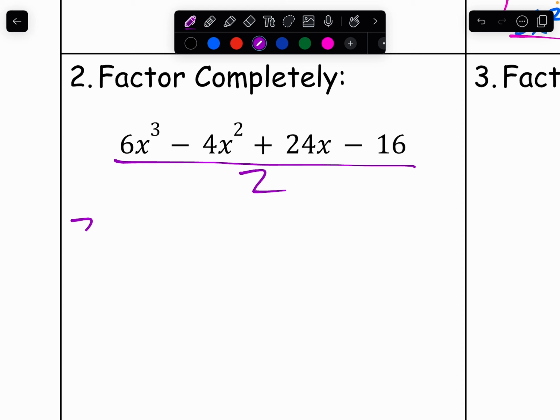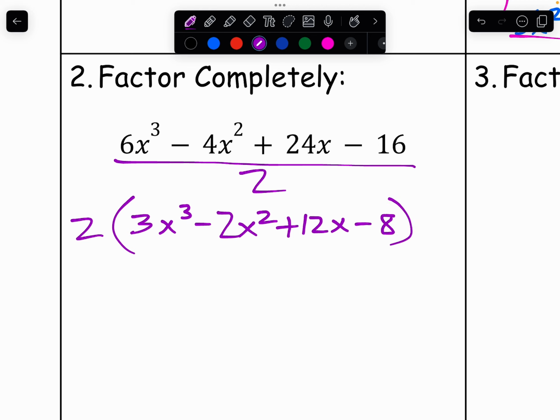Okay, so 2 comes out, and you have 3x to the third minus 2x squared plus 12x minus 8. All those divided by 2. And so now we look and see, okay, there's 1, 2, 3, 4 terms, which means we need to do grouping. So group the first 2, group the last 2.